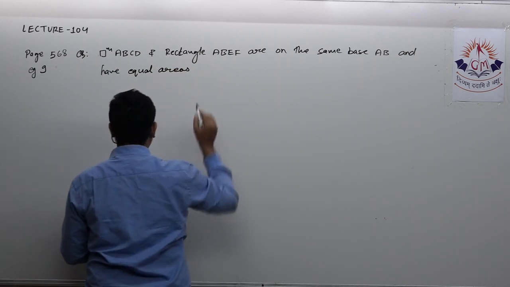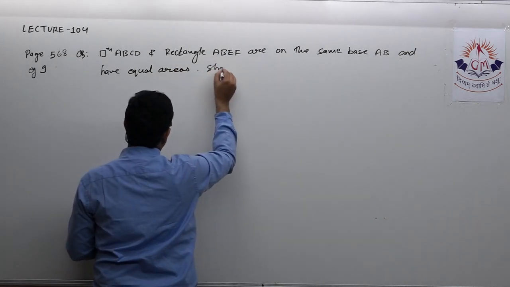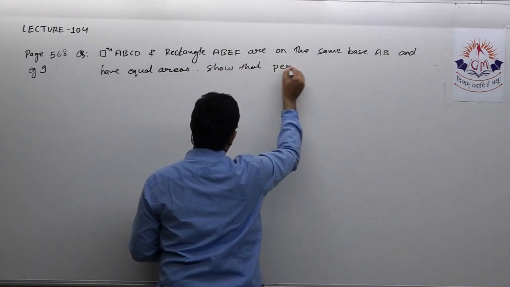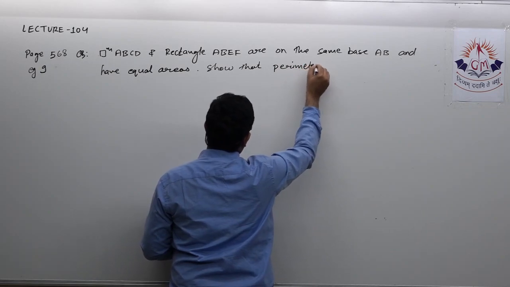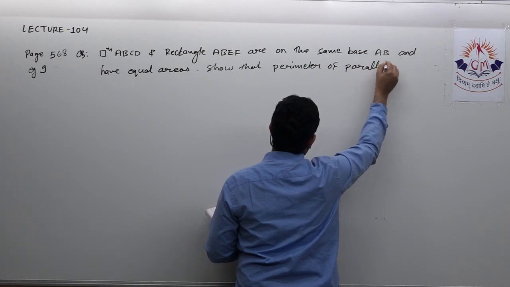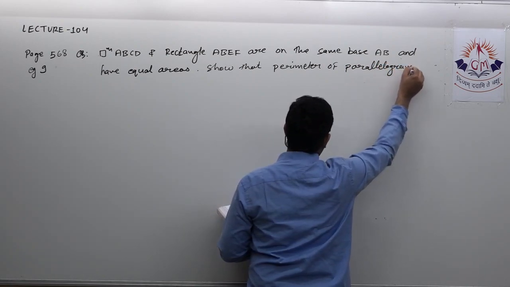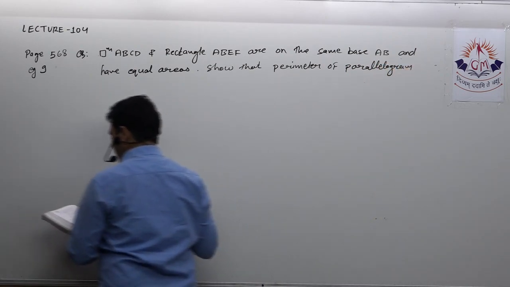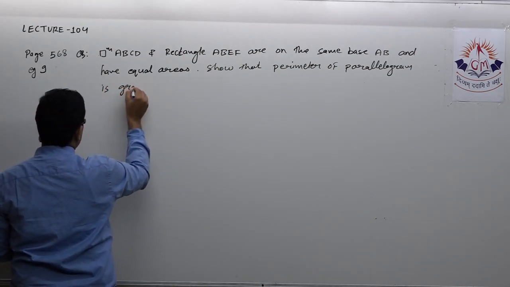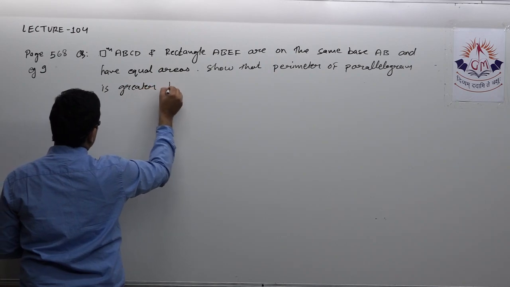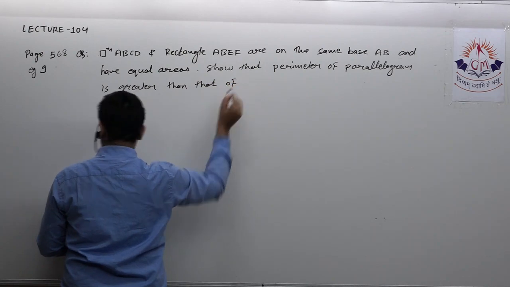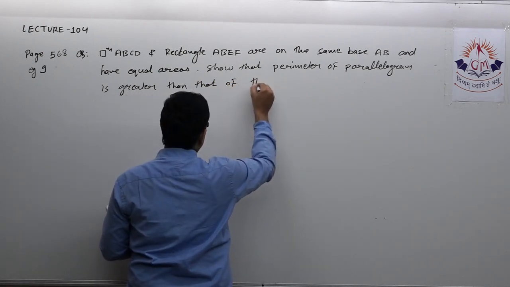Show that the perimeter of the parallelogram is greater than that of the rectangle.